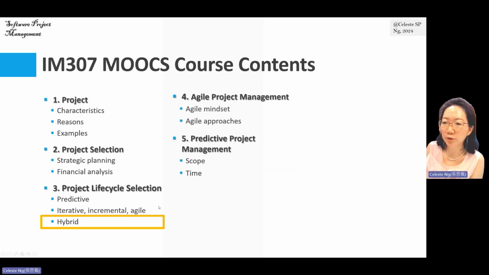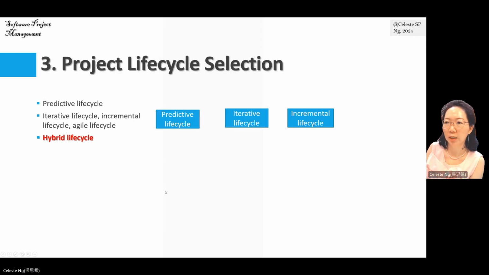Okay, now let us look at what a hybrid project lifecycle is. In the previous slides, we have come across and know the characteristics of the predictive project lifecycle, iterative project lifecycle, and incremental project lifecycle, right?